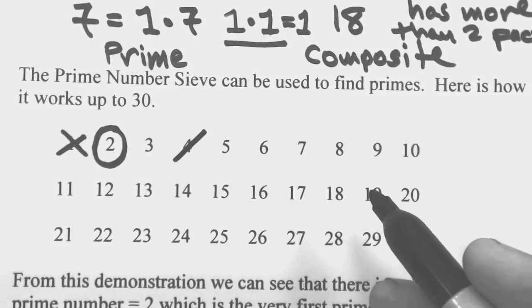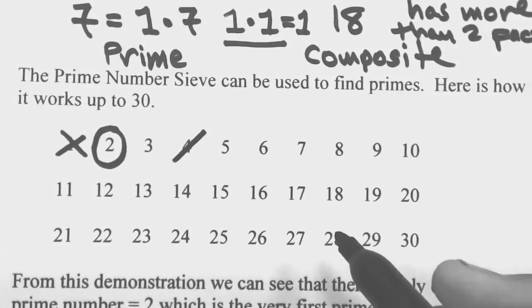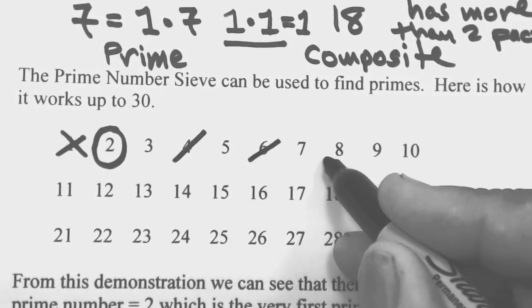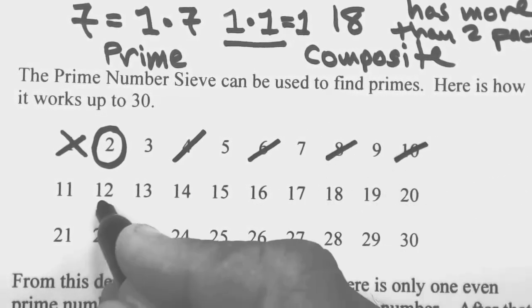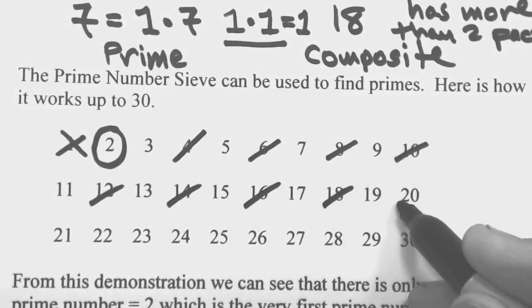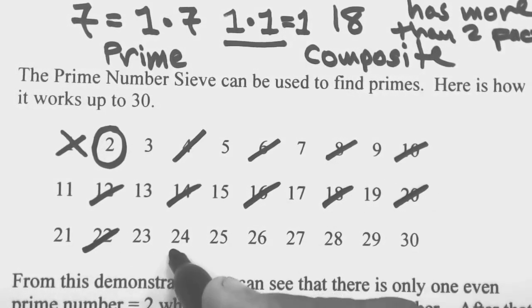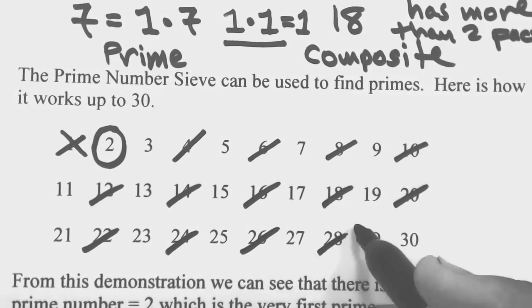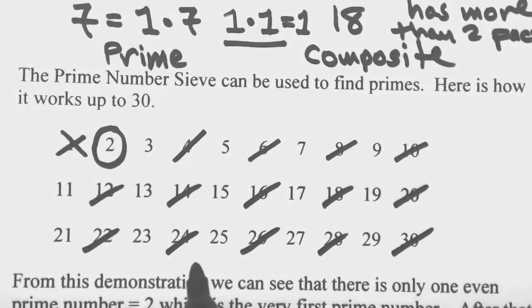So we knock out 4, and by the same reasoning, we can knock out 6 and 8 and 10 and 12 and 14 and 16 and 18 and 20, 22, 24, 26, 28, and 30. All of the ones I've just crossed out have more than 2 factors, and that makes them not prime.